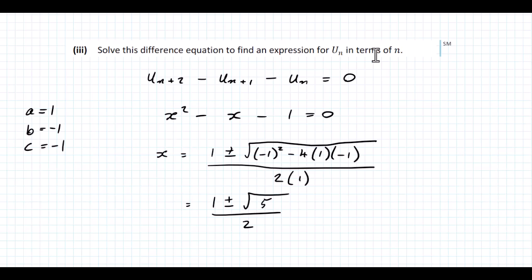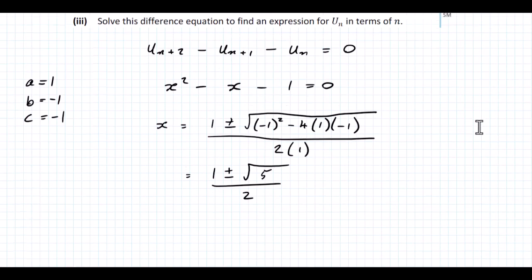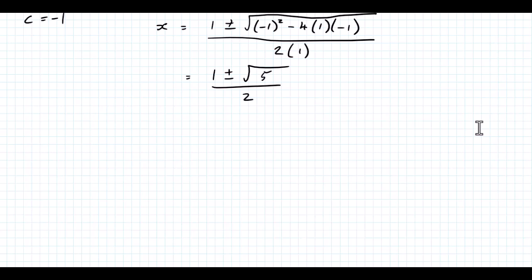So these are our 2 solutions here for x. So let's just put that into our formula. We know that our two roots are different, so our un is just going to be equal to L times alpha to the power of n plus m times beta to the power of n.